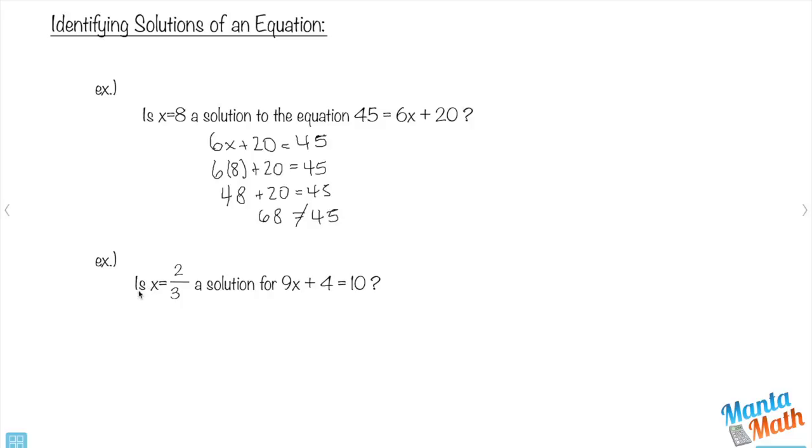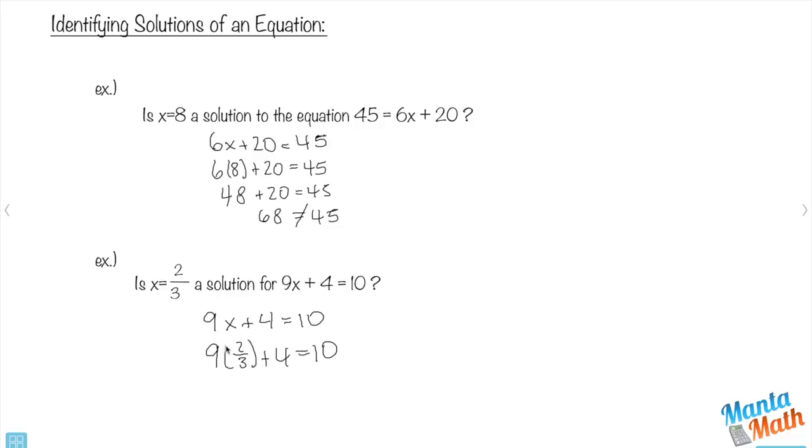Okay, another example is: is x equals 2/3 a solution for 9x plus 4 equals 10? So I'm going to again rewrite the equation. Now I'm going to plug in 2/3 as my x, plus 4 equals 10.